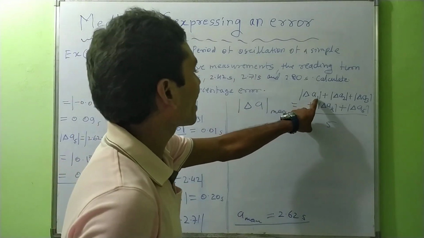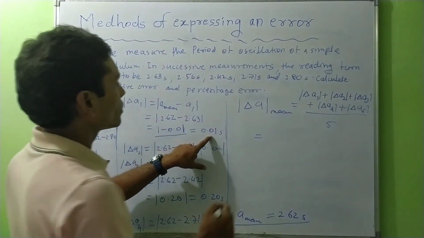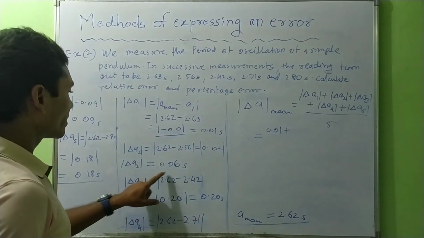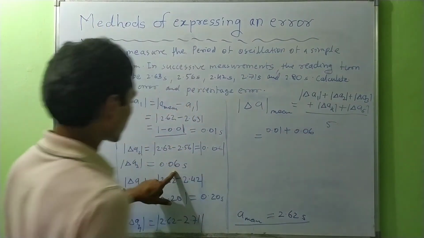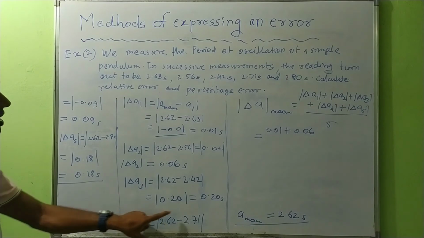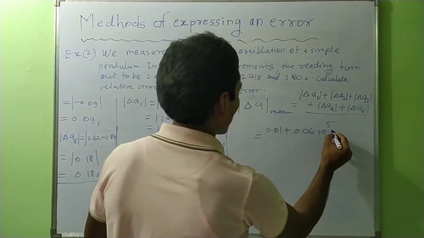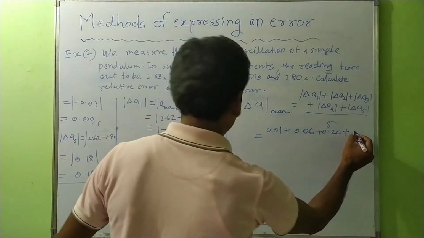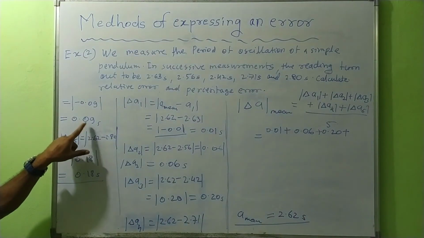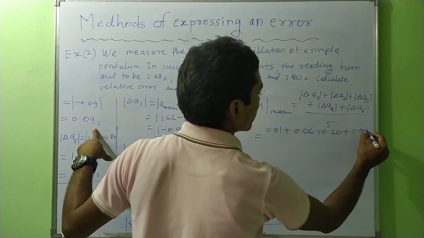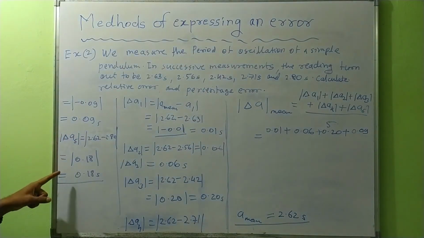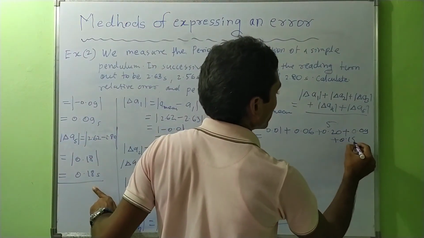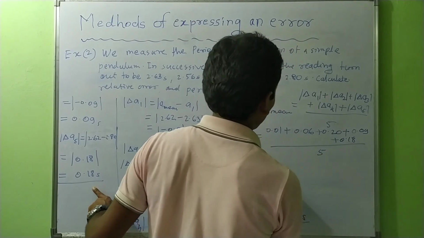So what is the value of mod del A1? This is equal to 0.01, and the value of mod del A2 is 0.06, and the value of mod del A3 is 0.20, and the value of mod del A4 is 0.09, you can see here, and the value of mod del A5 is 0.18, upon 5.